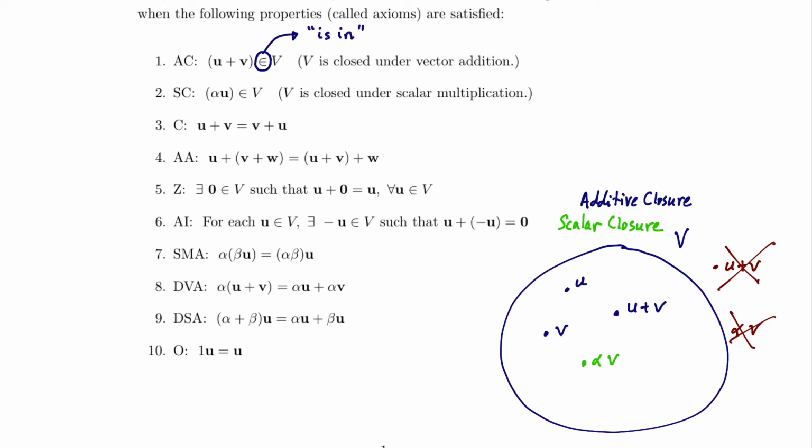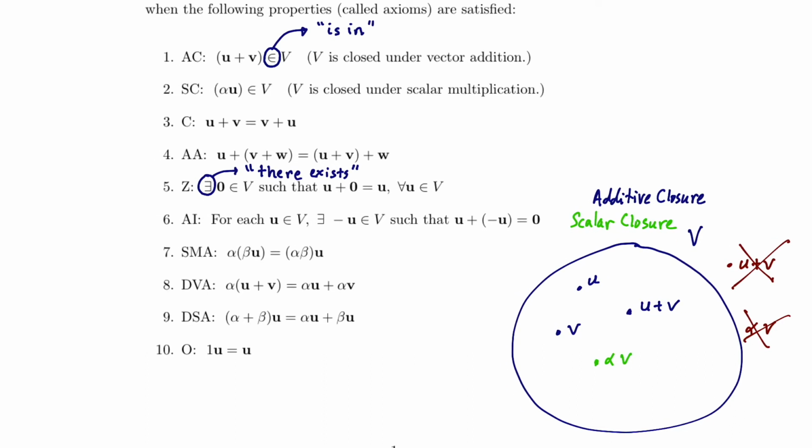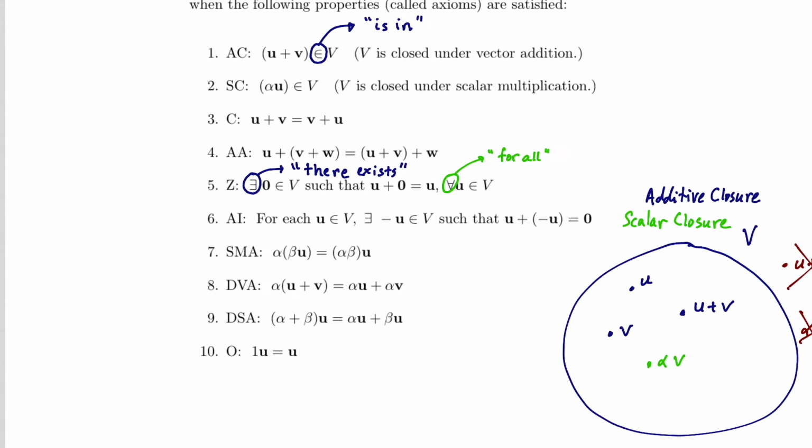Another really important axiom is number 5 here, the zero axiom. This funny symbol, this backwards capital E looking thing, means there exists. So the zero axiom says there exists 0 in V such that u plus 0 equals u for all u in V. And this upside down capital A looking thing is a symbol that means for all.